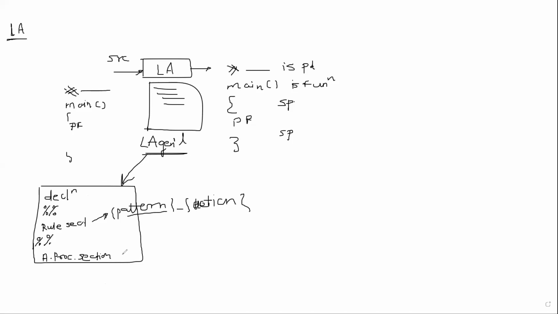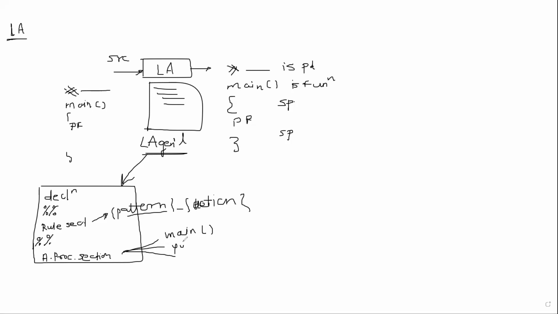So in this auxiliary procedure section, you have a total of 3 functions written. So always 3 functions are there. One is your main function, where you are going to write the program, what you need to carry out.